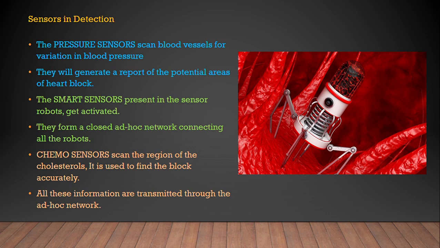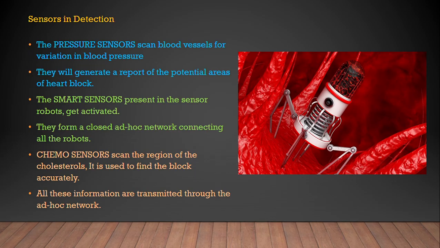Sensors in detection. The pressure sensors scan blood vessels for variation in blood pressure. They will generate a report of the potential areas of heart block.